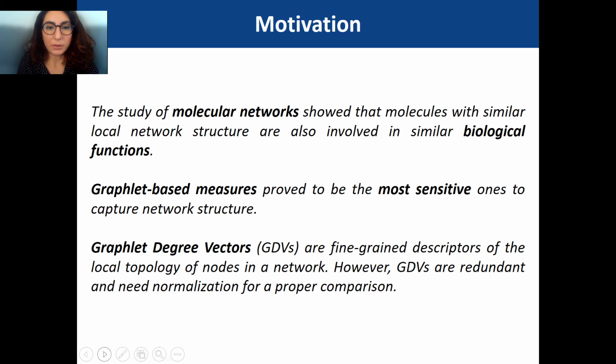In particular, Graphlet degree vectors are comprehensive descriptors of the local topology of nodes in the network. However, these Graphlet degree vectors are also redundant and their magnitude is not normalized. So we need descriptors that are normalized, for a proper comparison.